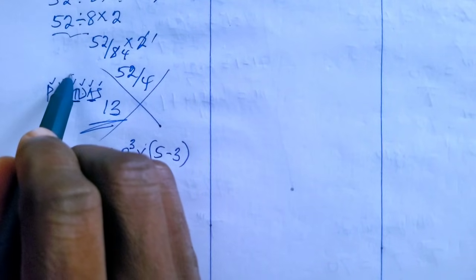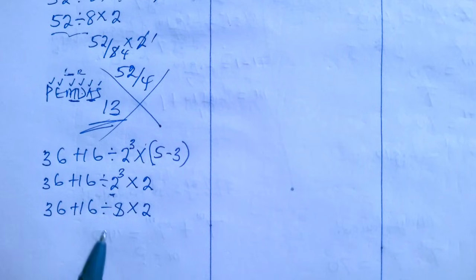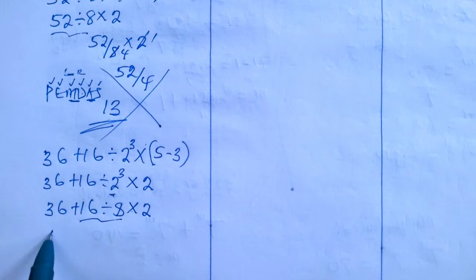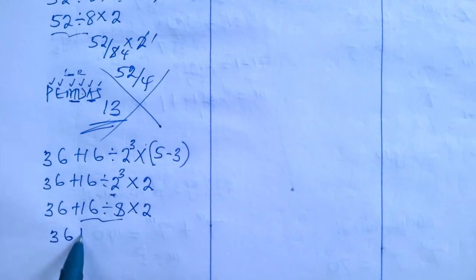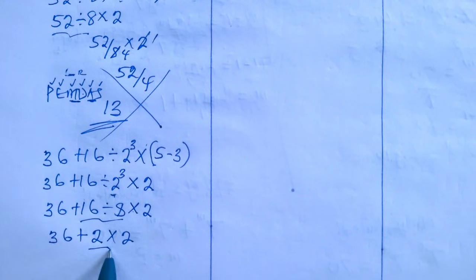And the operation here is from left to right. So we first consider division because it comes first from the left. The expression becomes 36 plus 16 divided by 8, that will give us 2, then multiply by 2.